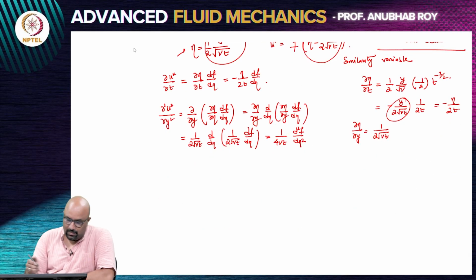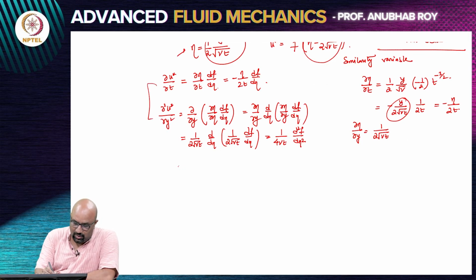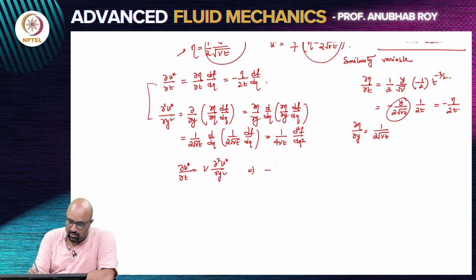So my differential equation now can be rewritten. I had dou u star dou t is equal to nu dou square u star dou y square, which is now minus eta by 2t df d eta equals nu by 4 nu t d square f d eta square.